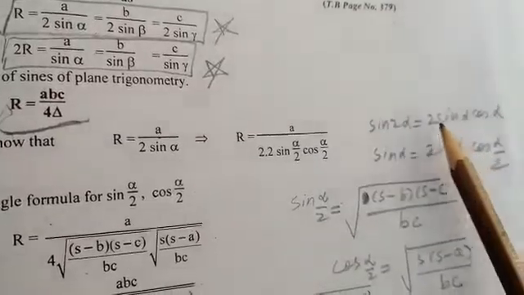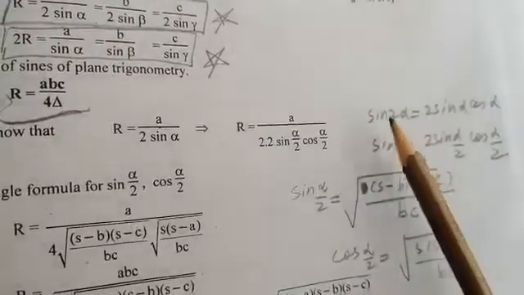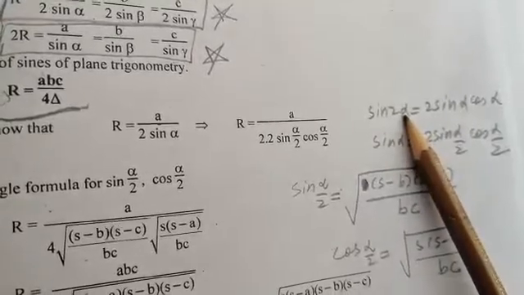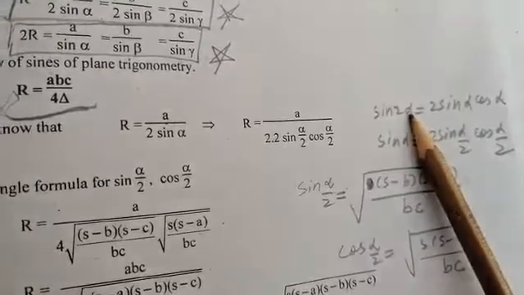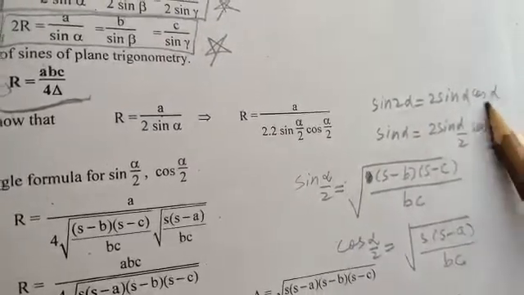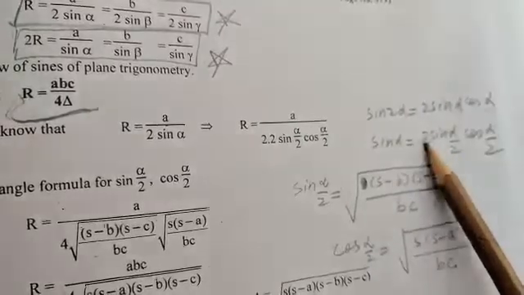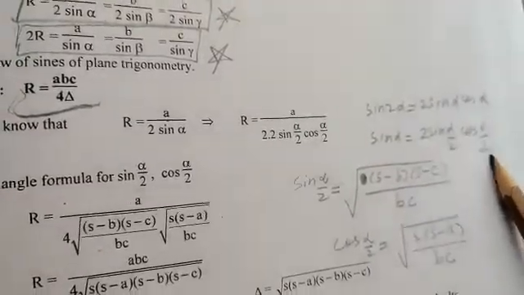If we want to write this as a half angle formula, then we will divide its angle by 2, means this angle will be divided by 2, this angle will be divided by 2, and this also will be divided by 2. This will become sin of alpha, 2 sin of alpha by 2, and cos alpha by 2.